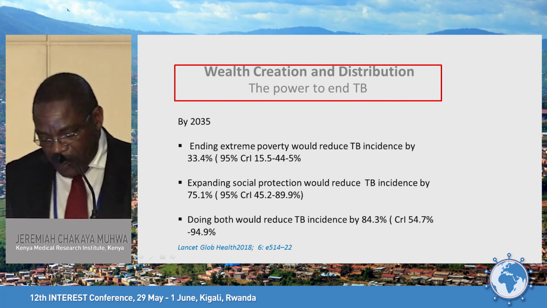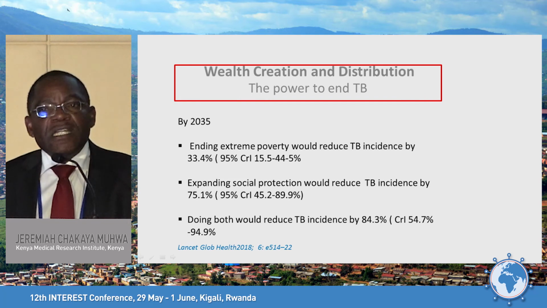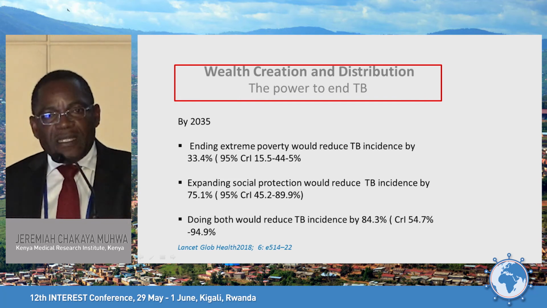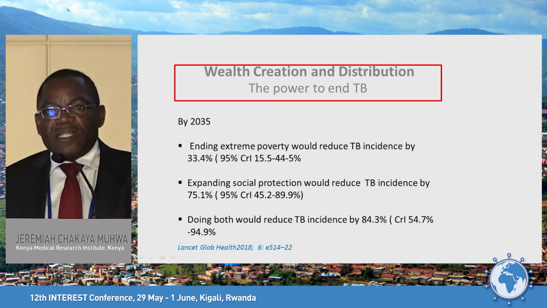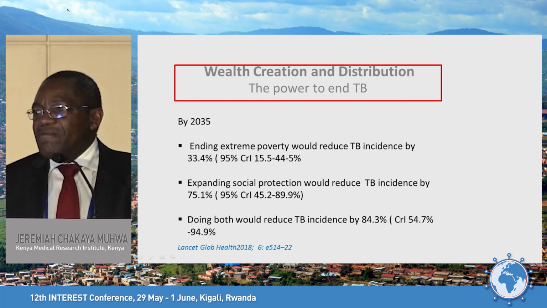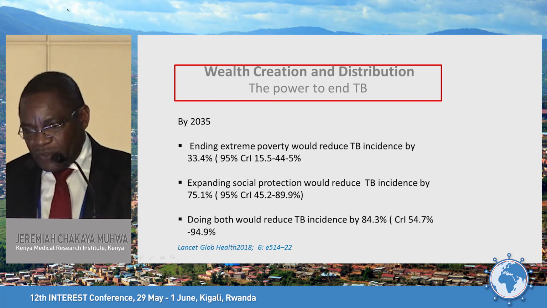This is a publication that came out recently showing that if we were to marry the End TB targets with Sustainable Development Goal Target 1, which is ending extreme poverty, then if that SDG Target 1 was to be achieved, it would have a major impact on TB rates in the world today.